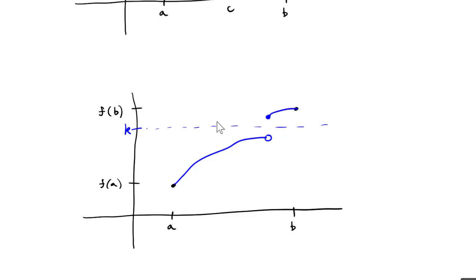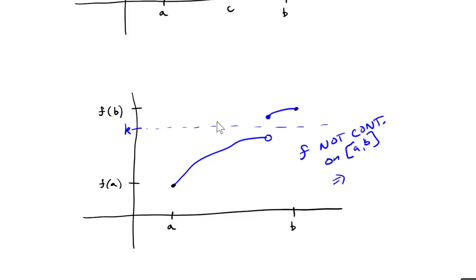And just like that, I created a function that does not have a place c where f of c is k. But this does not defeat the theorem, because f is not continuous on [a, b].